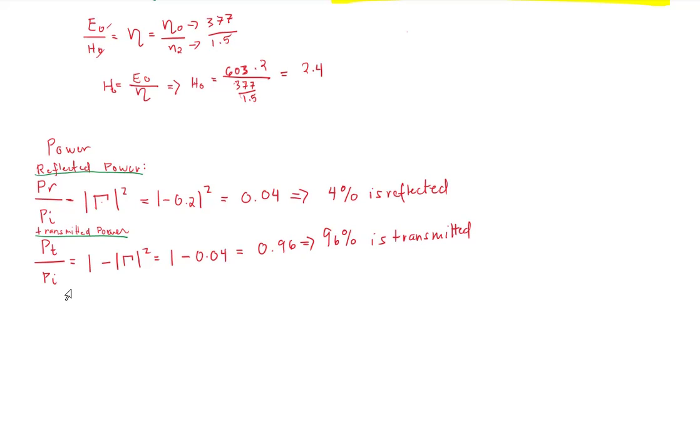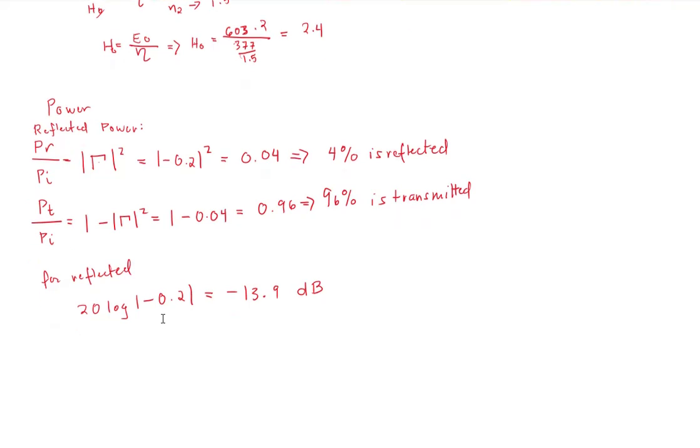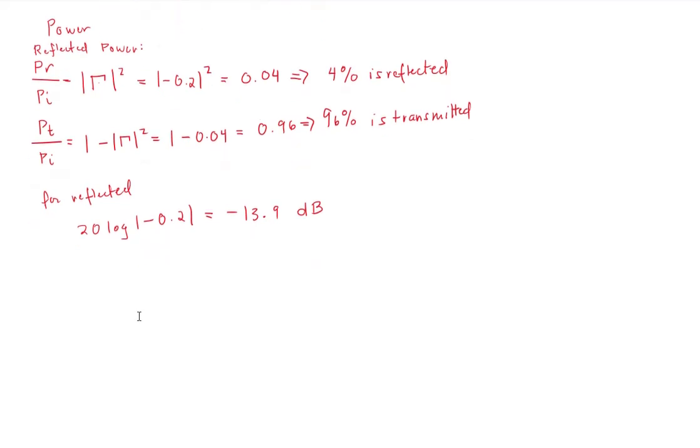So how do we do that? So for reflected, we just do the log of that. So 20 log of negative 0.2. Right? So that just comes out as negative 13.9 dB. If you're getting an error, just plug in 20 log 0.2. You'll still get the same answer.